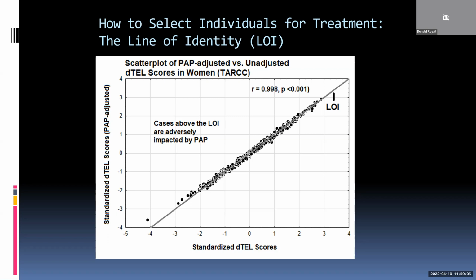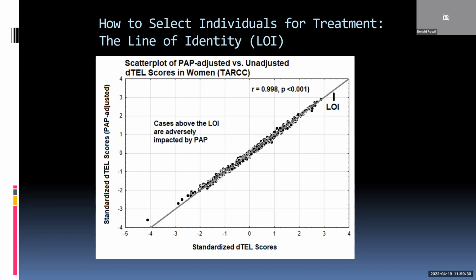So we're limiting this analysis to women in TARC now. And the scatter plot has on the x-axis detail scores. So this is a D homolog that you could develop or you could administer over the telephone. And on the y-axis are D scores, detail scores adjusted for serum PAP levels.